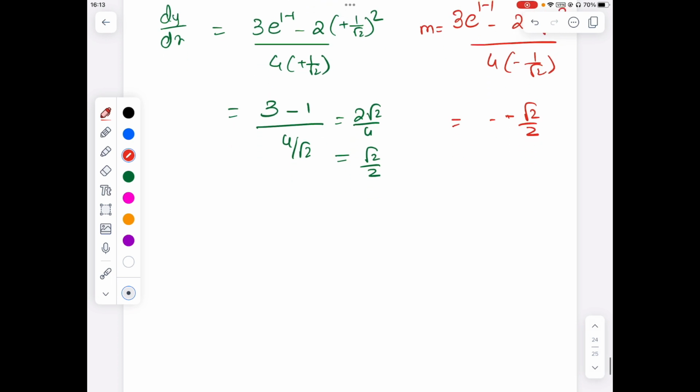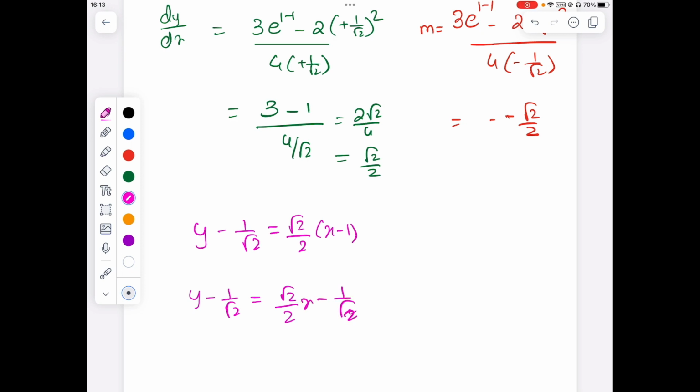Then my equation of the tangent: y minus y1 equals, for the positive value, root 2 upon 2 times x minus x1. So y minus 1 upon root 2 equals root 2 upon 2 times x minus 1 upon root 2. The 1 upon root 2 terms cancel. So y equals 1 upon root 2 times x, because root 2 upon 2 is 1 upon root 2.